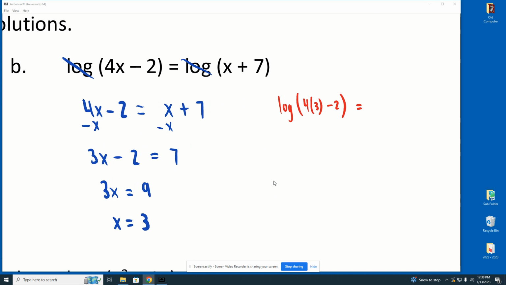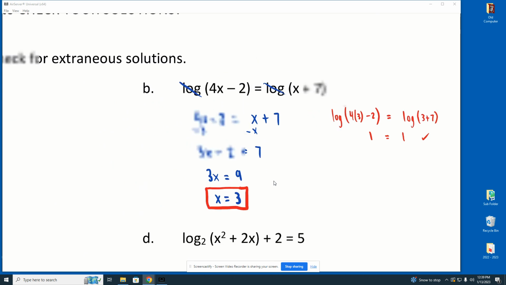You got 1, right? And then you go to the other side and you do the same thing. Log of 3 plus 7. What do you get? So does 1 equal 1? So therefore, 3 is my solution. It is not extraneous. Okay? We just plugged it in. Like I told you, we're not going to run into many extraneous solutions because these logarithmic equations are already together. They're already what we would call condensed.